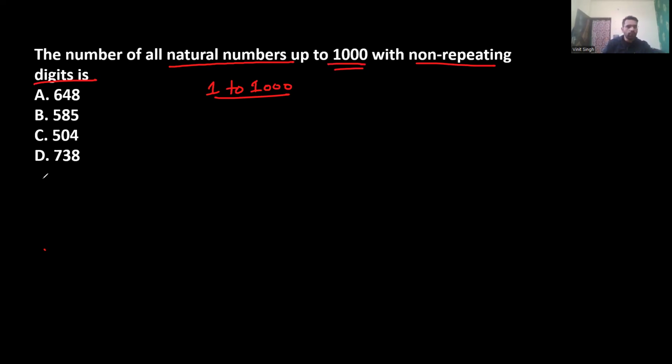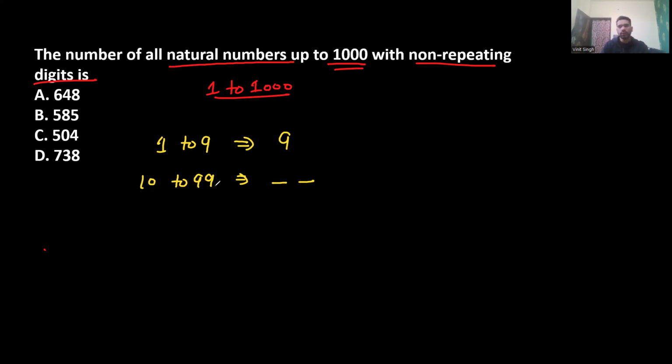So first of all, we will find from 1 to 9. How many numbers are there from 1 to 9 where digits are non-repeating? 9. Then 10 to 99. How many numbers between 10 and 99 have non-repeating digits? We have two places. At the first place, we can put 1 to 9, so our possibilities are 9.